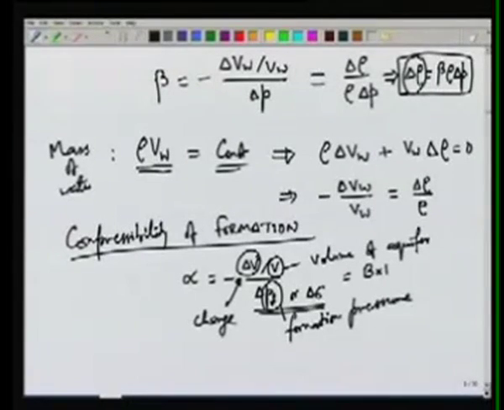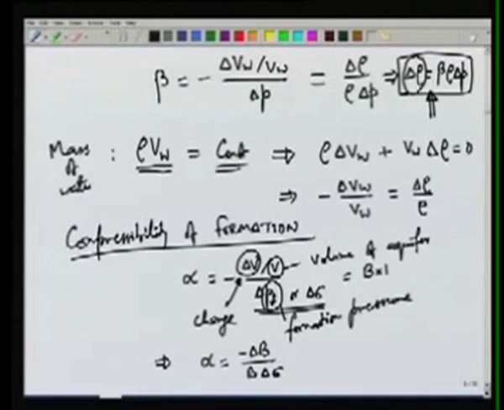Delta rho we have seen from here, can be related with the water compressibility. Delta B can be obtained from here, over B delta sigma.